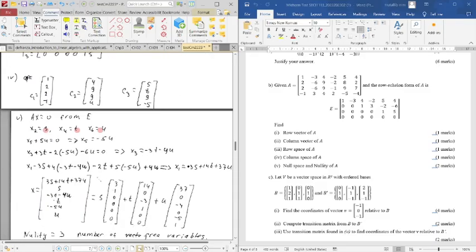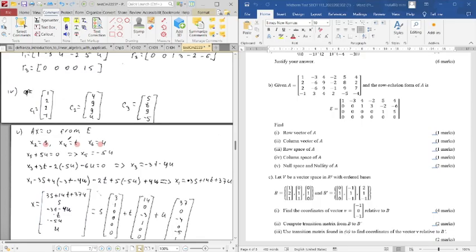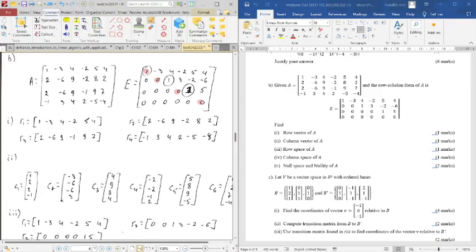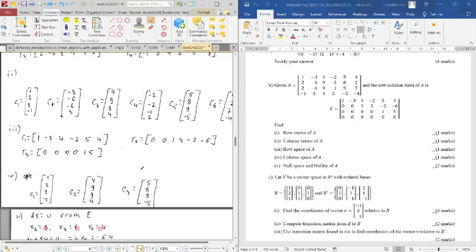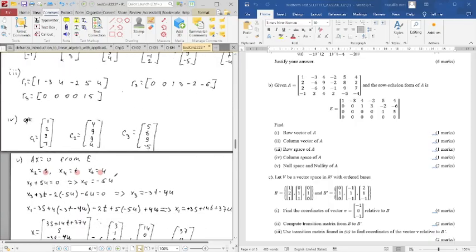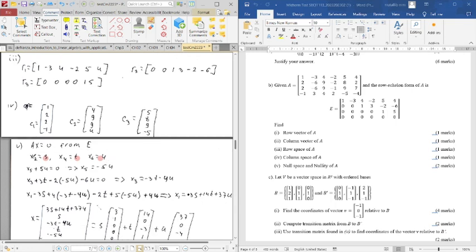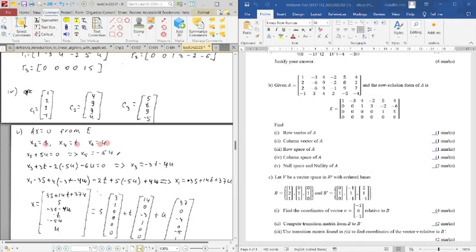So we just make them equal to some numbers, so we can express other variables such as x1, x3, and x5 with these variables we just created here.